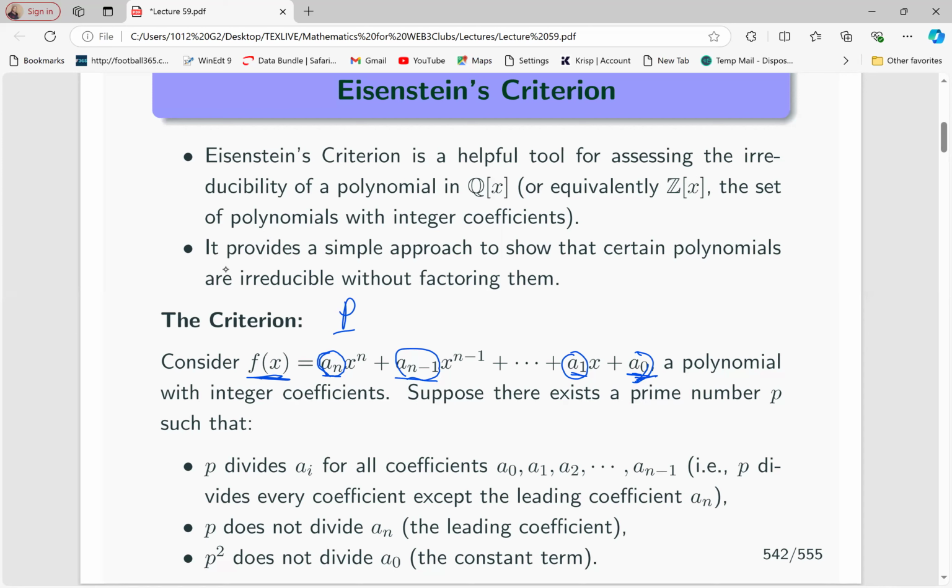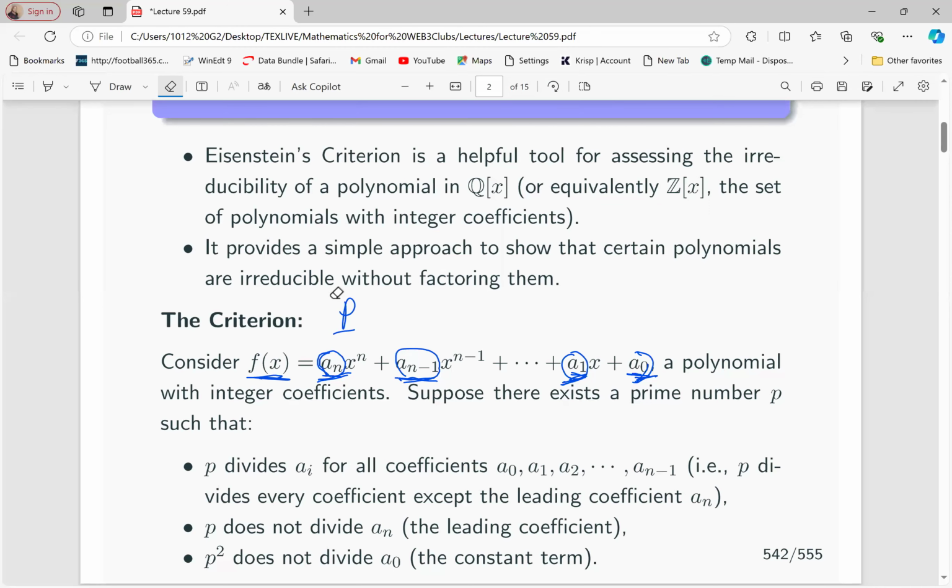That same prime number should be able to divide this coefficient, and this coefficient, but it should not be able to divide the leading coefficient. If that prime number exists, there remains one thing again to check. Its square, the square of that prime number, should not be able to divide the constant term.